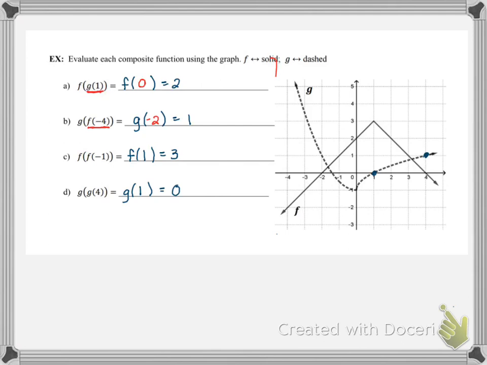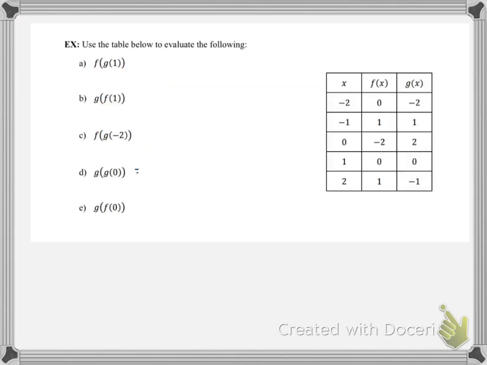Now we're going to do the same thing with a table. Everybody good with those? Okay. So with the table, the process is exactly the same. We're just using the table to find the outputs instead of the graph. So f of g of 1, first thing I'm going to do is replace g of 1 with that output.